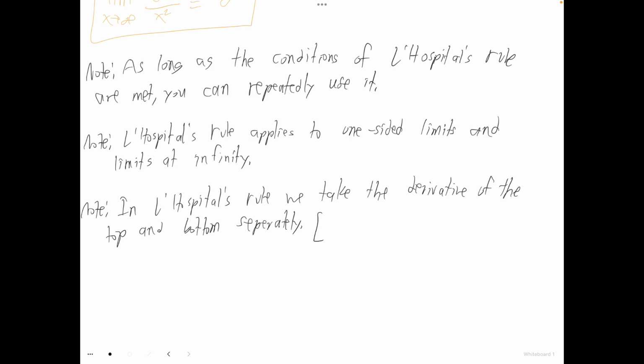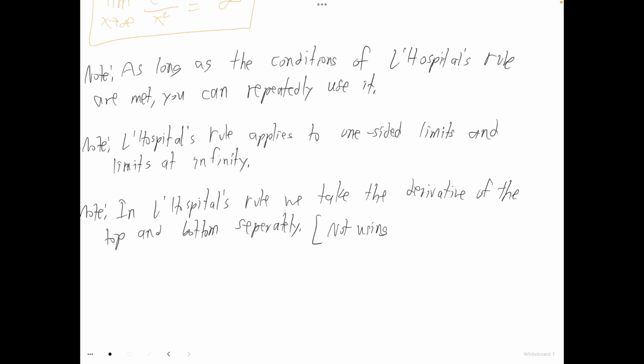But one thing to note here is we're not using the quotient rule, unless you have to use the quotient rule to take the derivative of one of the pieces. Okay, that is an easy place to make a mistake with L'Hopital's rule. In trying to use L'Hopital's rule with the quotient rule to take the derivative rather than doing them piece by piece. So you do need to be careful about that.